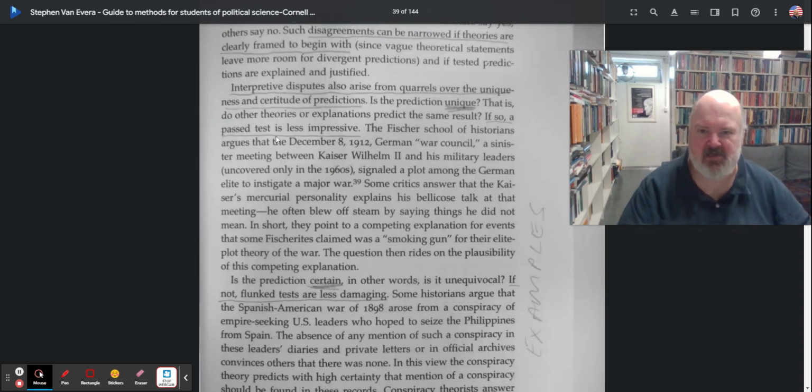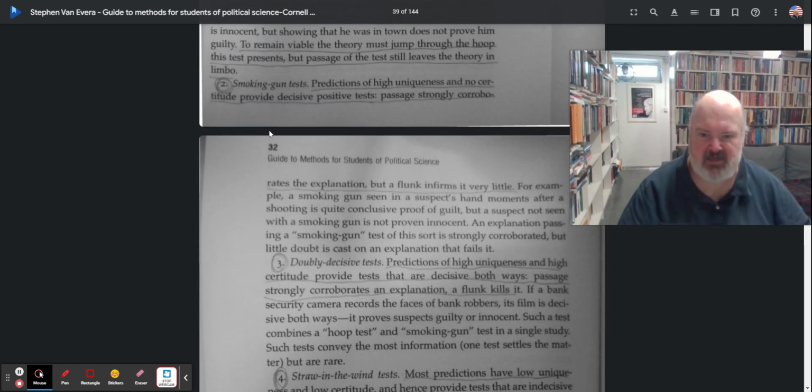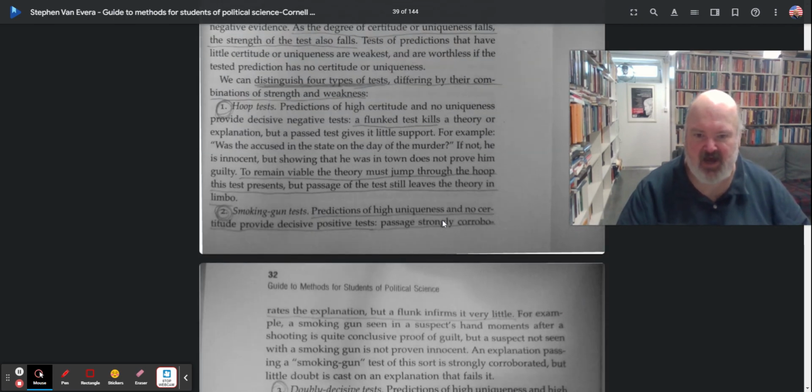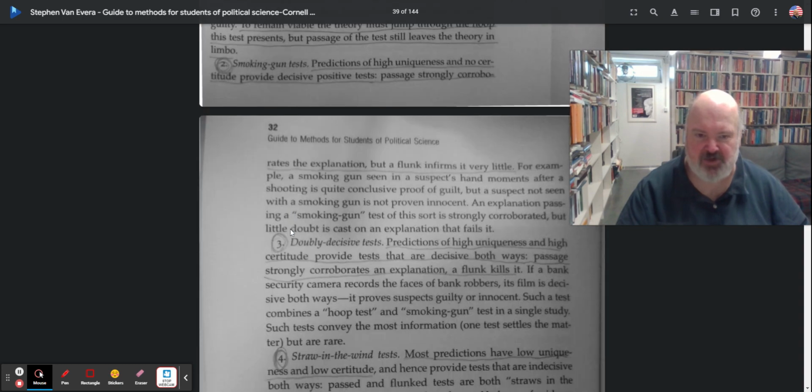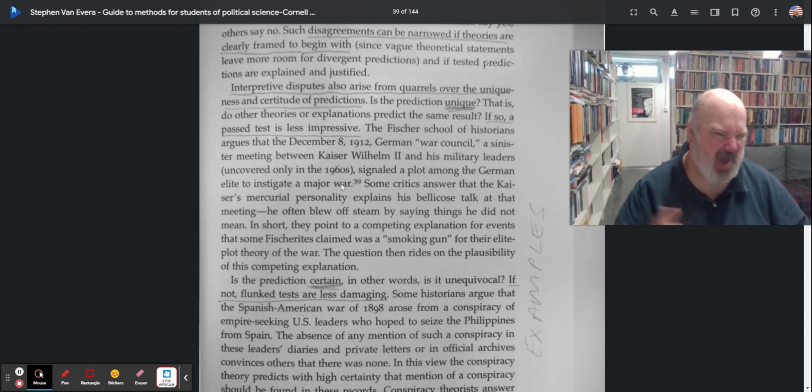Remember, what is a smoking gun? It is high uniqueness and no certitude. So it's not as unique. In other words, this anger outburst was not unique to Kaiser William. So there's no uniqueness to this.